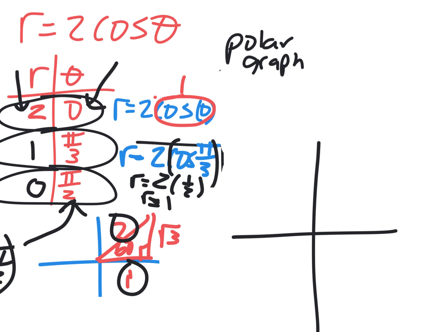Well, here's the angle of 0, and a radius of 2 puts a dot right there. Now it's a radius of 1 at pi over 3. Well, here's the pi over 3. How far out do I go? I go out 1. So I'm going to go right there. And at pi over 2, a radius of 0 means you're at (0, 0).